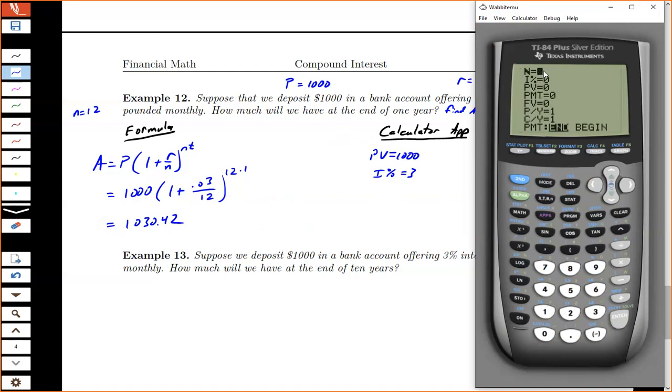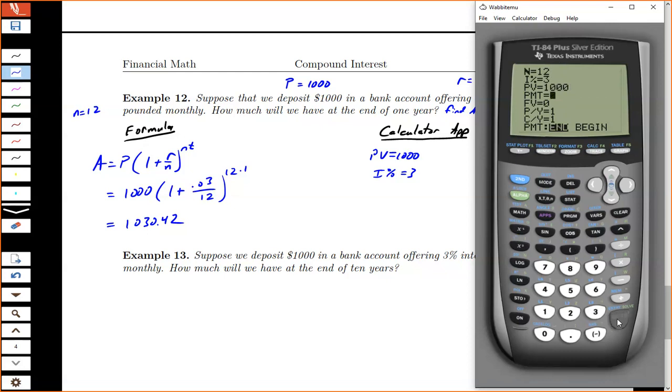For the n, you can actually do multiplication in here. Remember the big N is little n times t, so I could just do 12 times 1, and it'll automatically do the multiplication for me. Here, 12 times 1 is obviously 12, but for other ones where it's complicated, the idea is you don't have to do math in your head. So the I% is 3, the PV is 1,000.